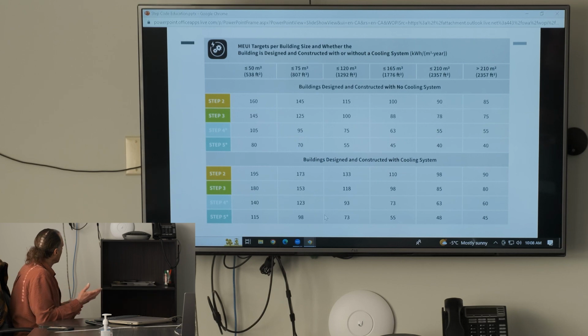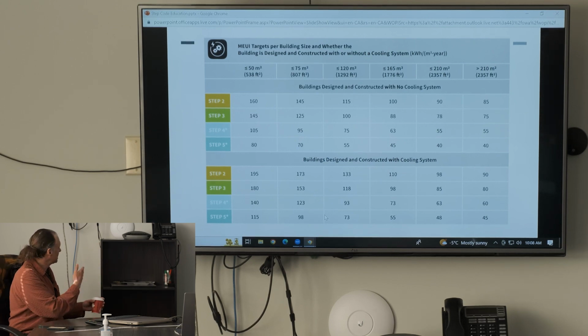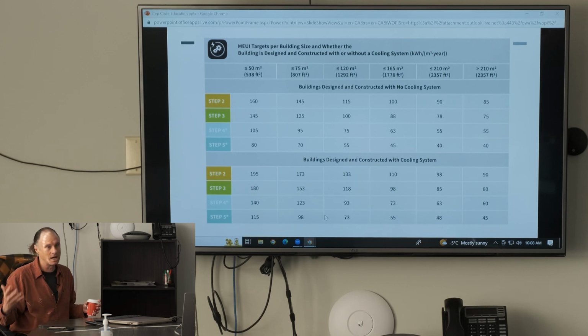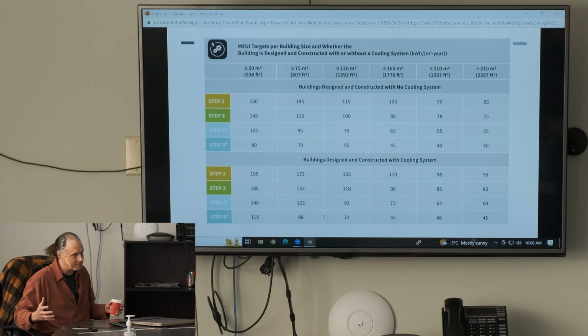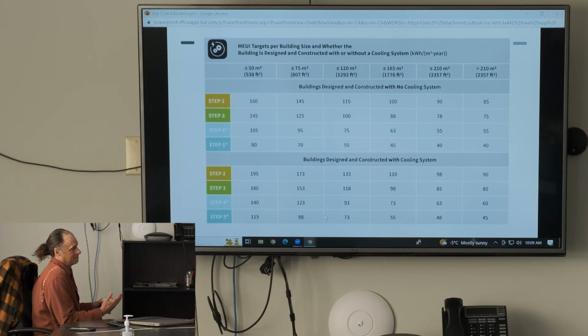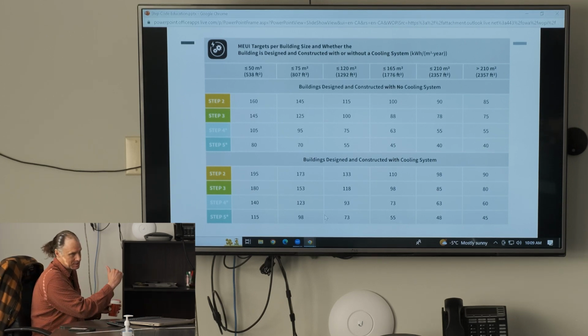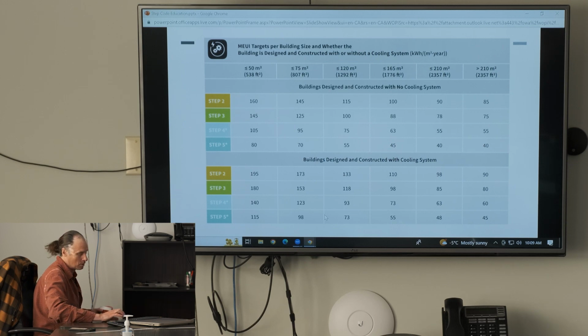And it will tell us whether we reach these targets or not. The only unknown will be the air leakage results, and that'll be the final thing that'll let us know whether you're going to reach, say, Step 4 or Step 5, whether you've hit 1.5 air changes per hour or below 1.